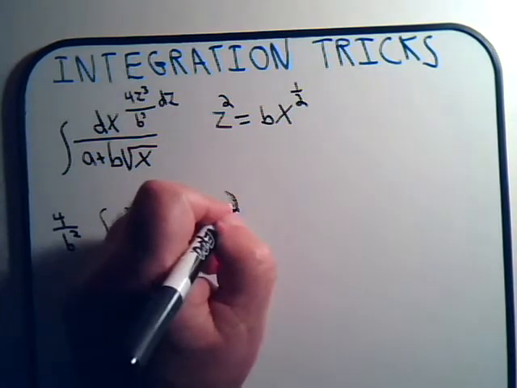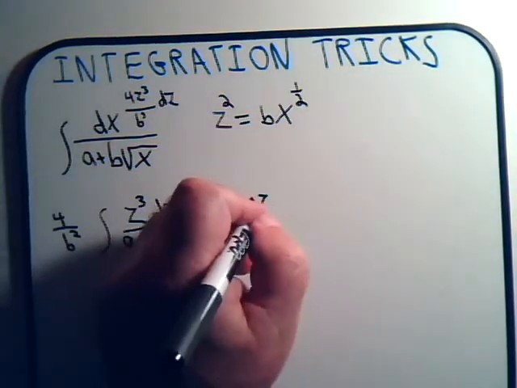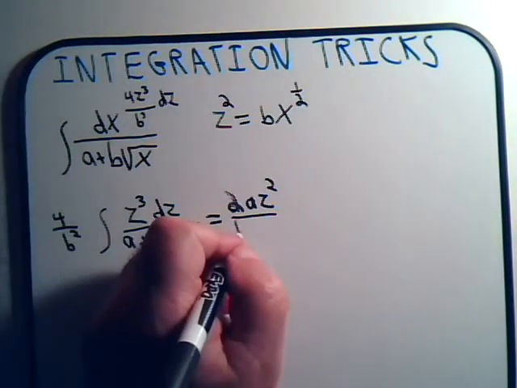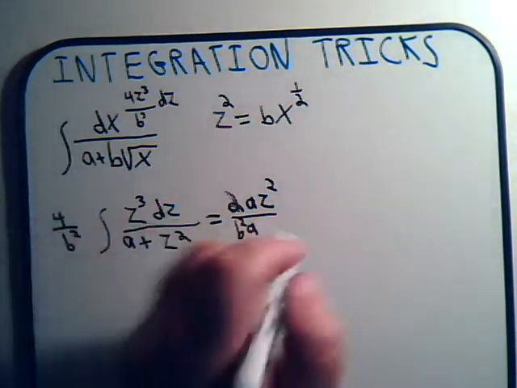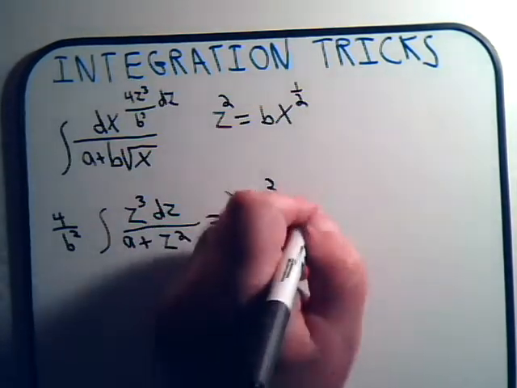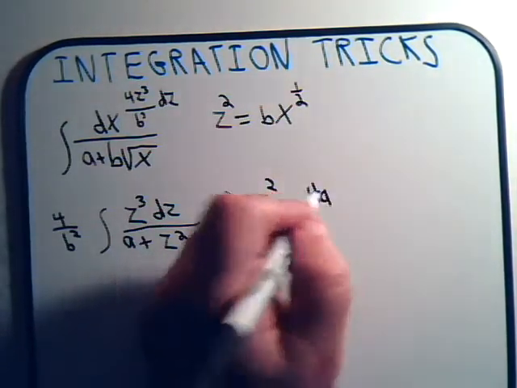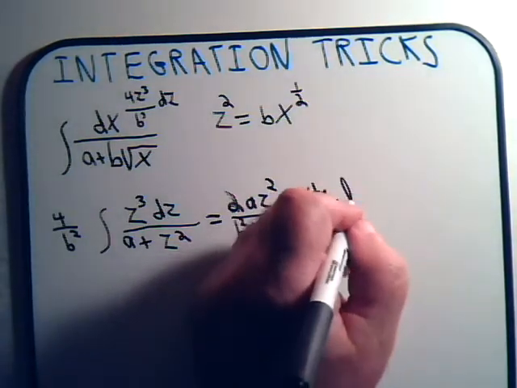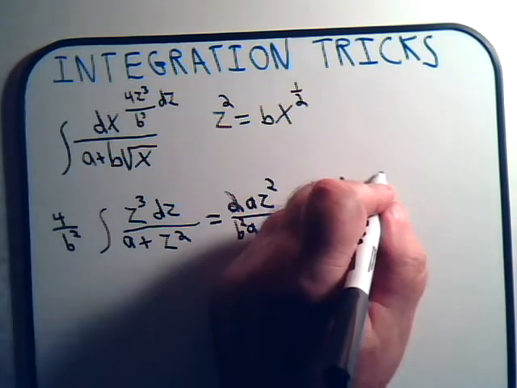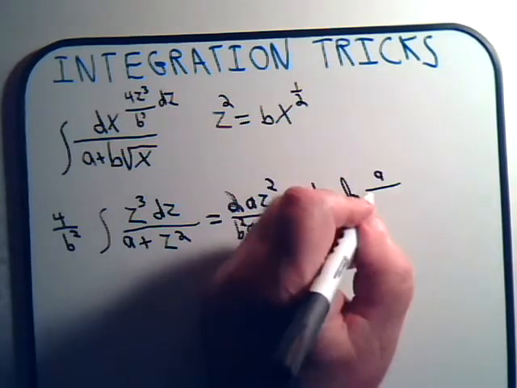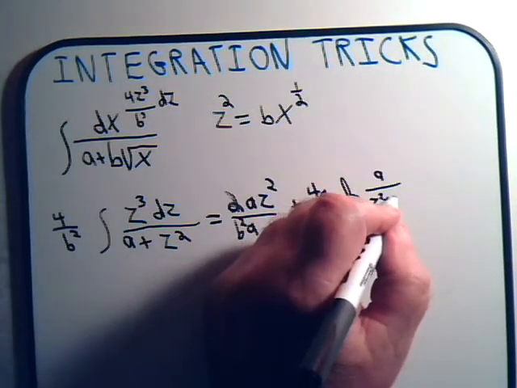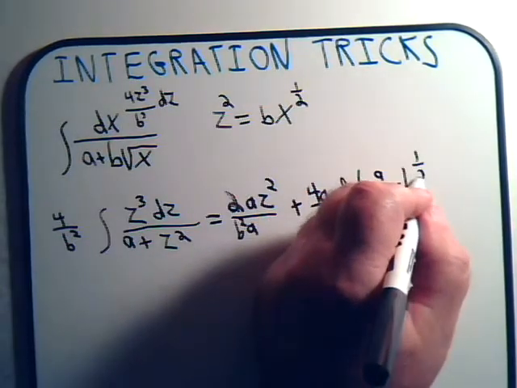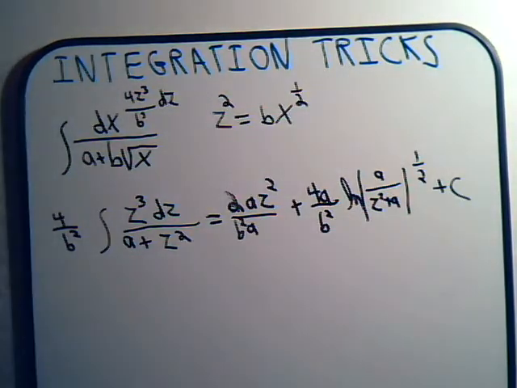2a times z squared divided by b squared a plus 4a over b squared, the natural log of a over z squared plus a, to the 1/2 power.